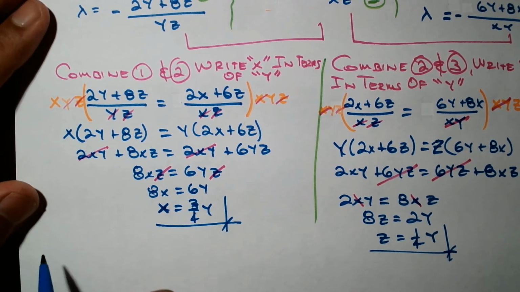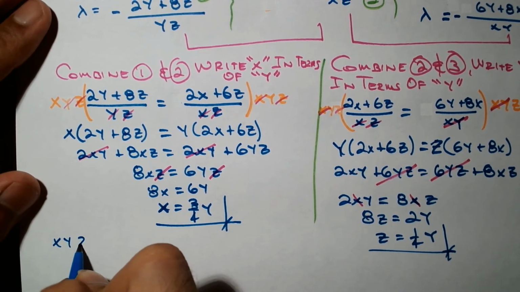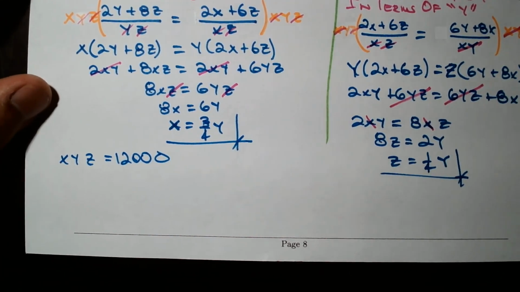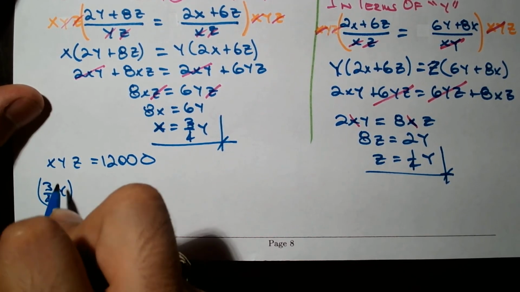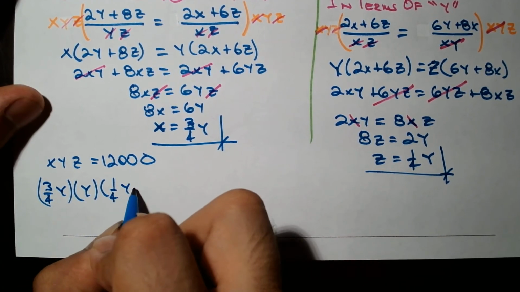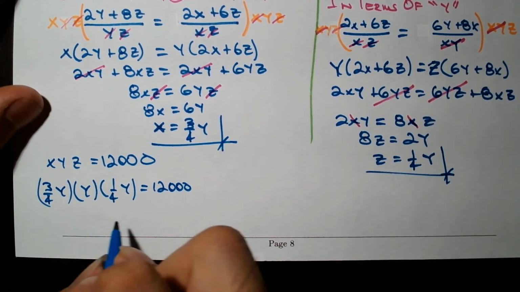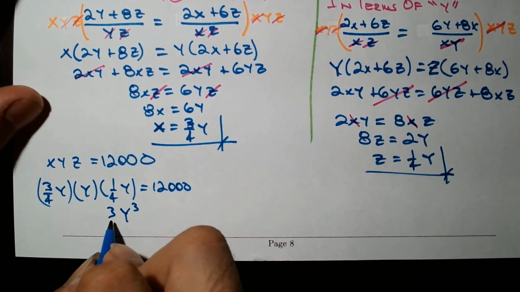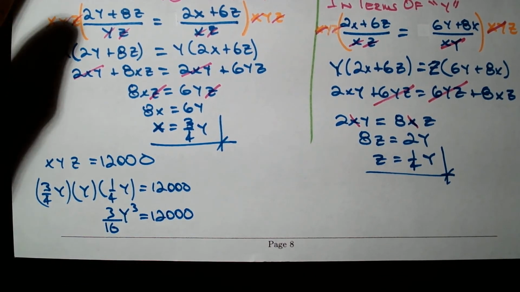What is this? xyz equals 12,000. So in this case, x in terms of y gives us 3/4 of y times the y that is already there, and z, which is 1/4 y, equals 12,000. So y times y times y will be y cubed, and 3 times 1, which is 3, over 4 times 4, which is 16, equals 12,000.